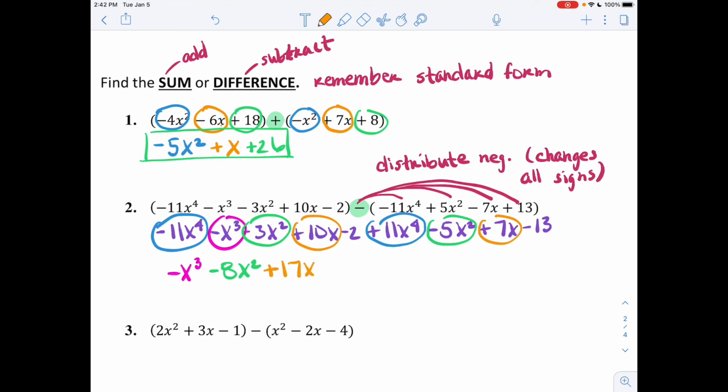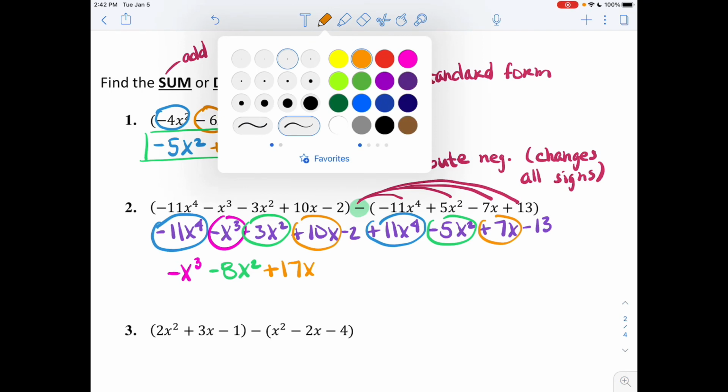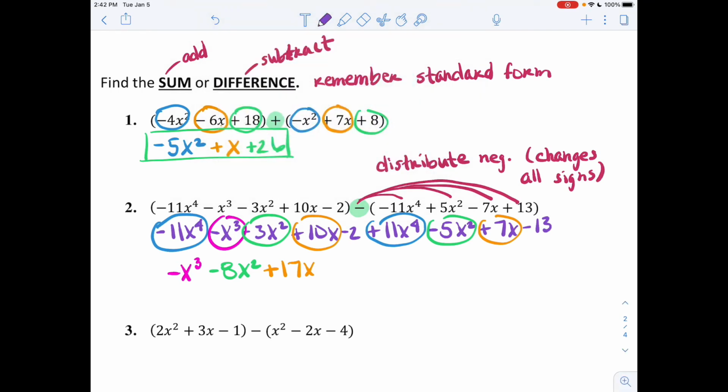And finally, I'm going to combine those constant terms. I have a negative 2 and a negative 13. That's going to give me a negative 15. And so this is my final answer. Again, confirm that you've got everything in standard form. I have a 3, a 2, a 1 implied, and then none.